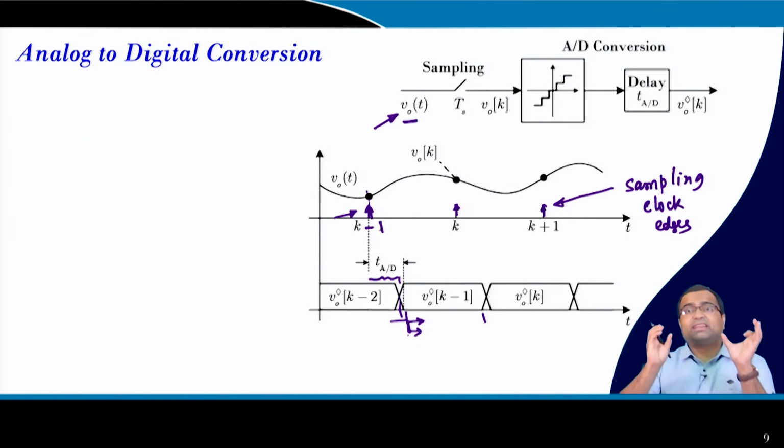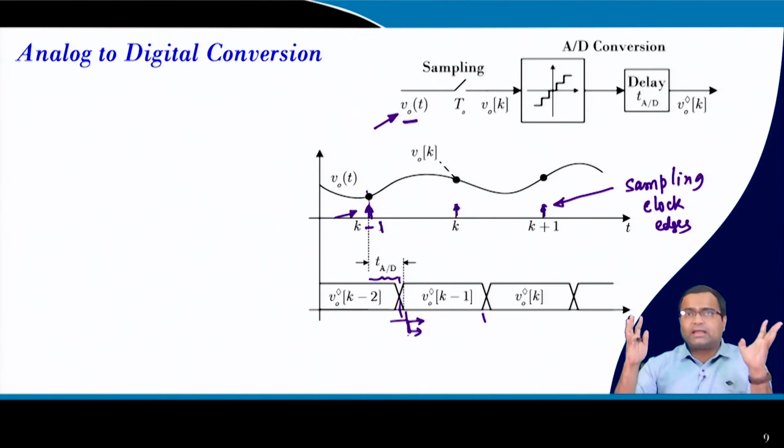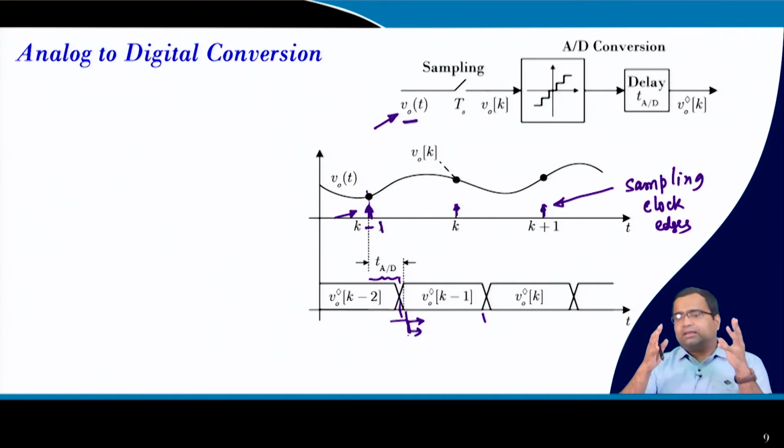That means we need to take into account this delay, and this delay can vary depending upon what type of ADC you are talking about, and what the sampling rate of the ADC is. There are various types of ADC: you can have a successive approximation type ADC, a pipeline ADC, a flash ADC. The flash ADC may have the least delay, but it is generally not preferred because it requires an impractically large number of comparators.